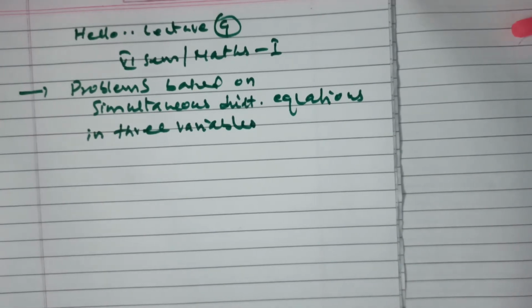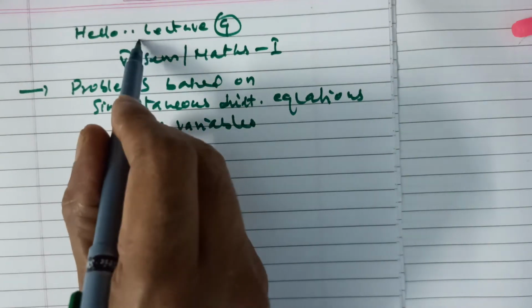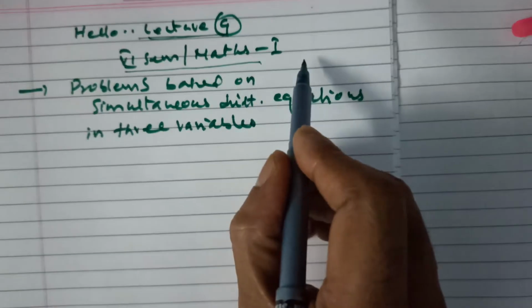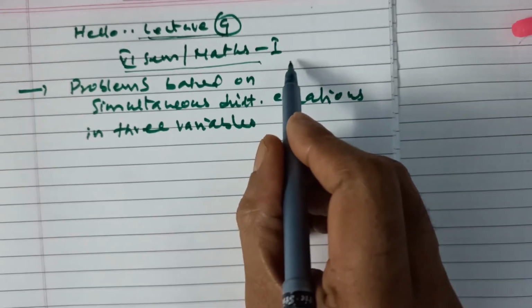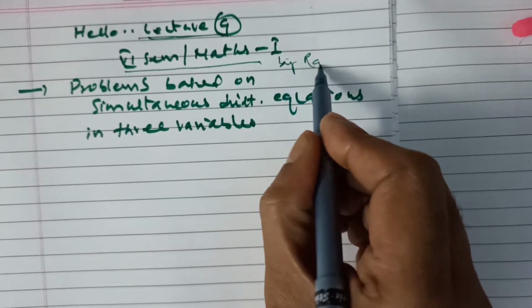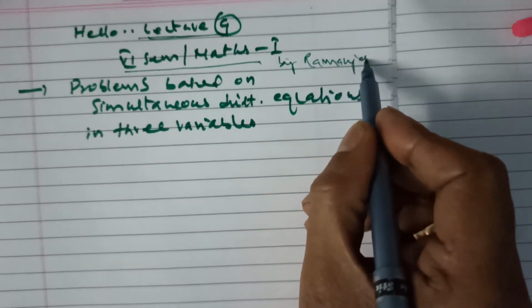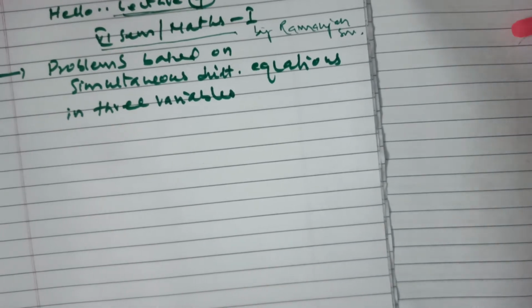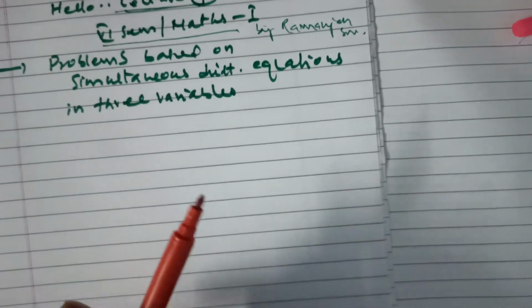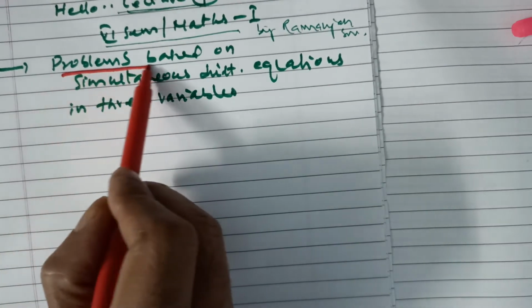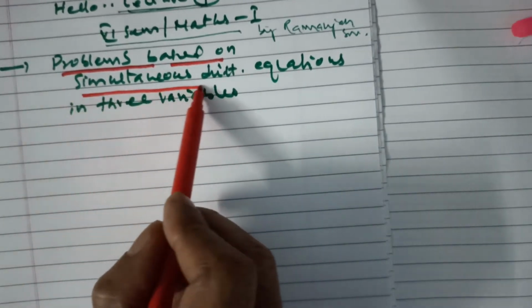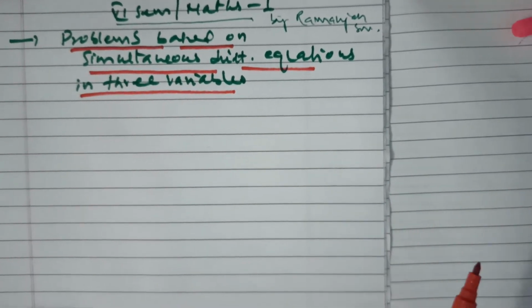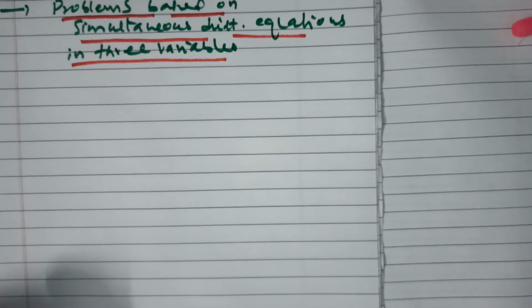This is lecture 9, 6th sem Maths 1 by Ramanjan sir. Let us see the problems based on simultaneous differential equations in three variables. First problem.